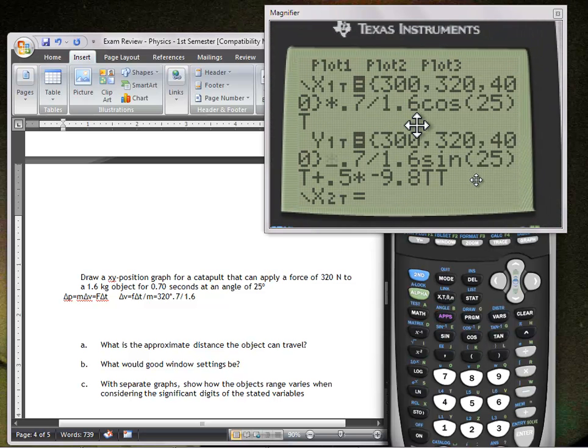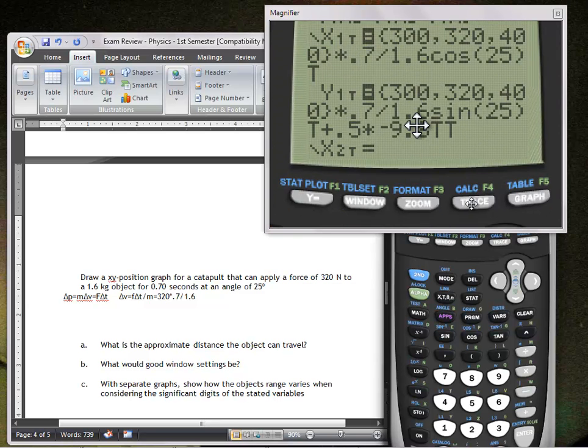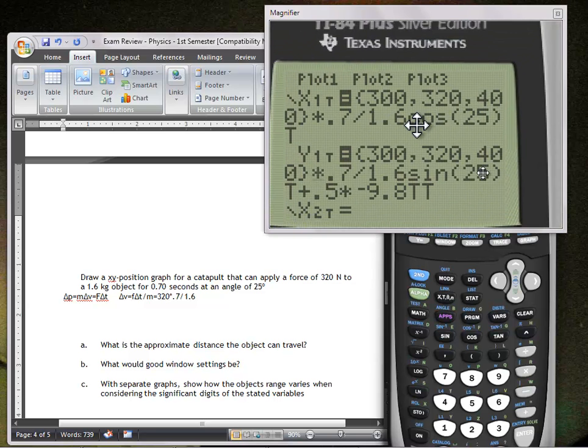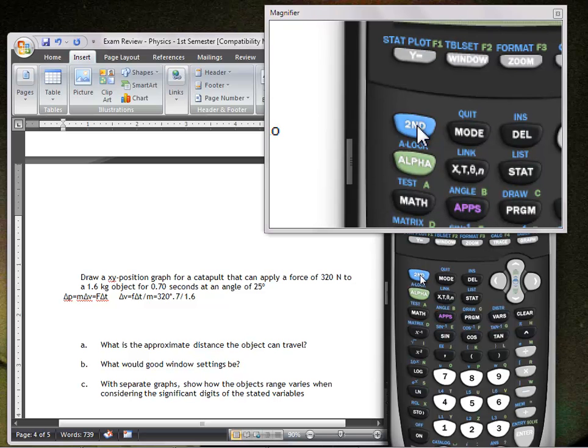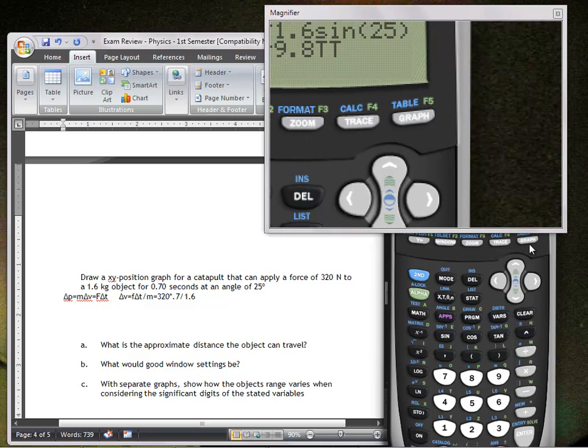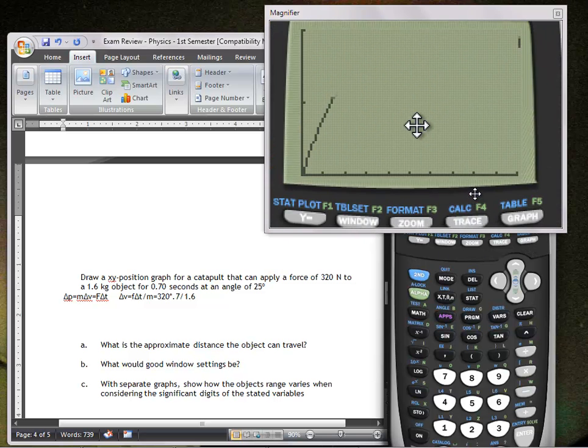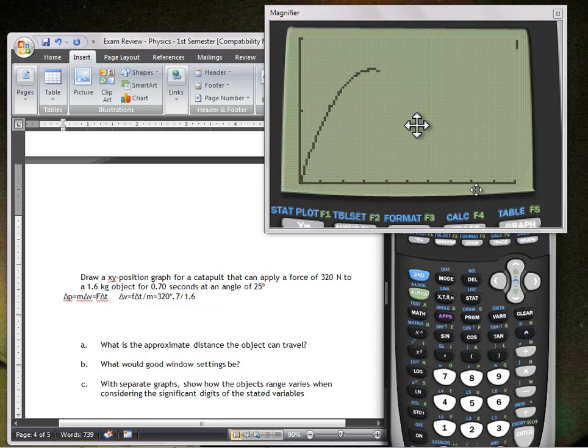And now when we hit graph, you'll see three different graphs, one representing the lowest possible value, and one representing the actual value that we had, and then a third trajectory, which happens to be the maximum possible range. So we hit graph, and it'll take it a second for it to graph all three of those.